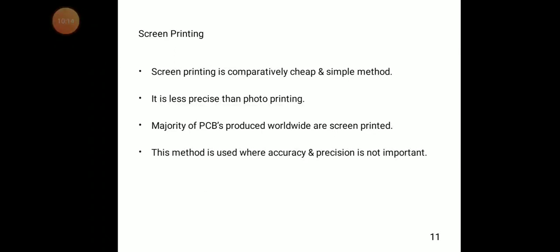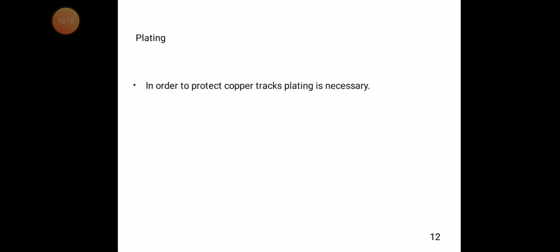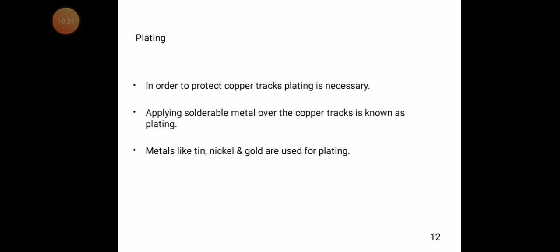After the printing, the next level is plating. So we have now printed the conductor patterns on the copper clad base. Next one is the plating.